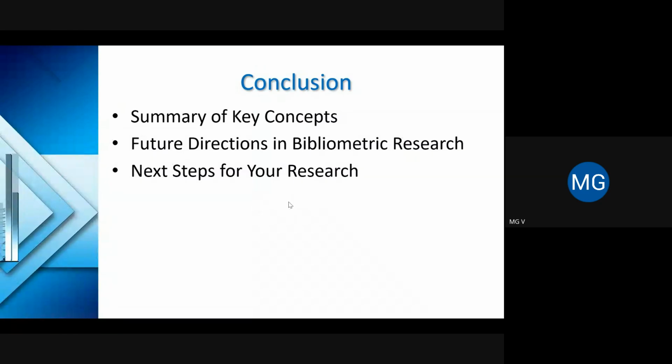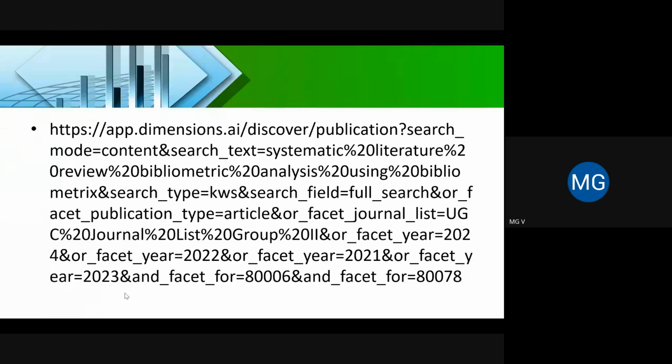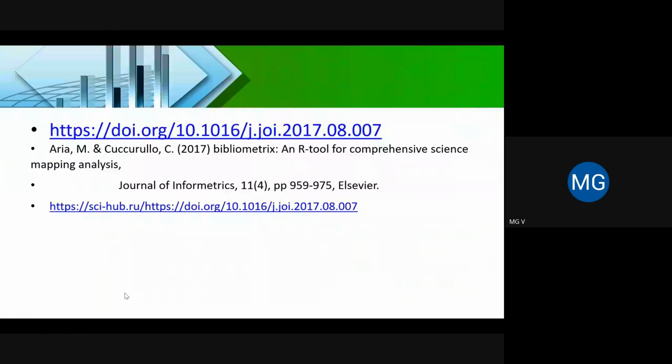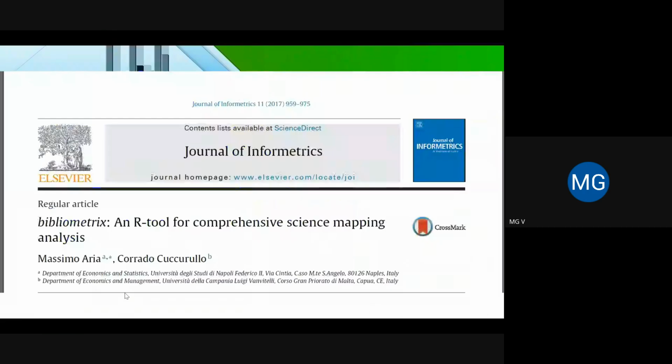So, staying updated with these developments will enhance your research capabilities. As you move forward, consider how the techniques learned today can be applied to your own research projects, guiding your literature review and positioning you within the broader academic landscape. These are certain links I have shown. I have given you yesterday also, right?